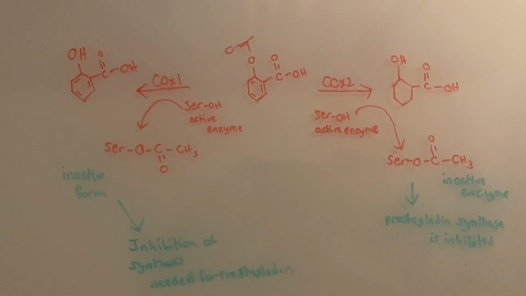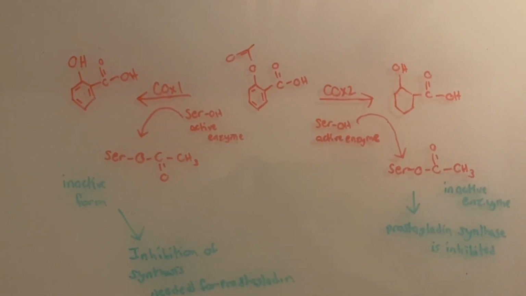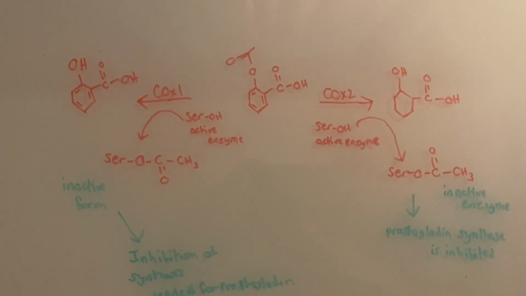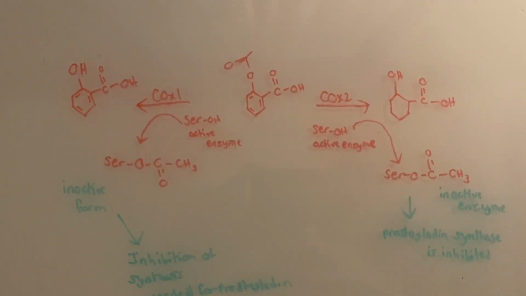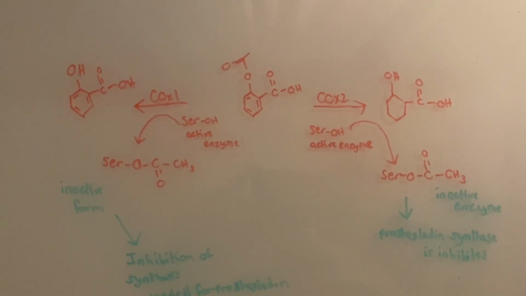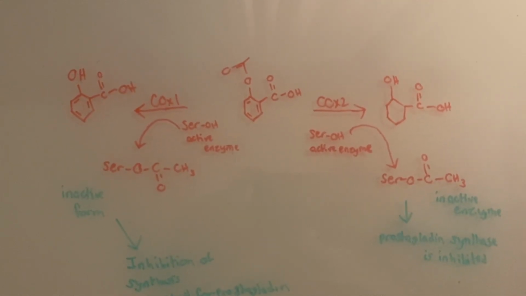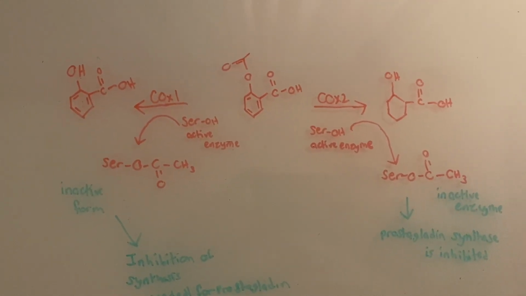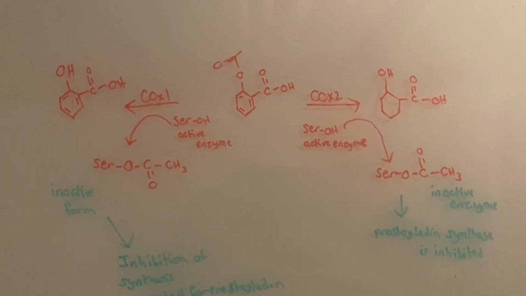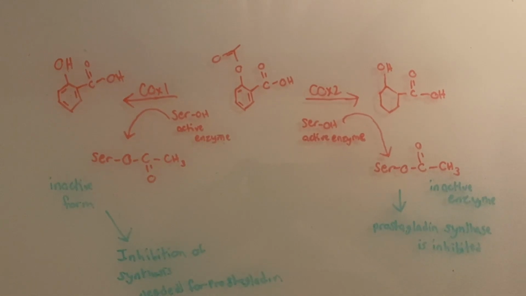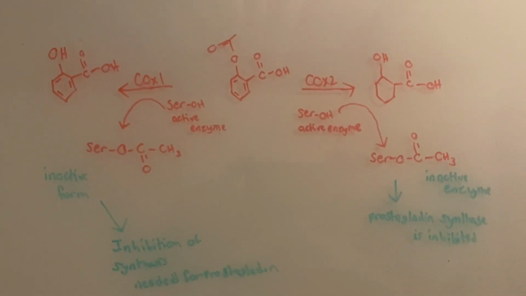Prostaglandins, specifically PGE2, play an important role in inflammation by inducing vasodilation, which is opening of blood vessels, which then increases vascular permeability. This leads to more immune cells going to the site of injury or infection.